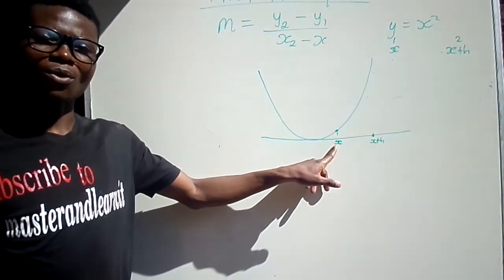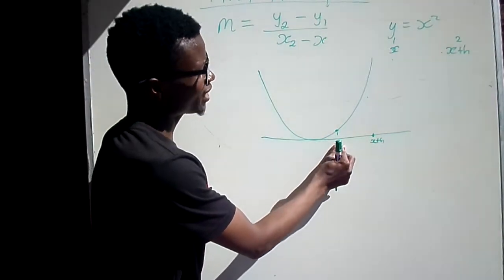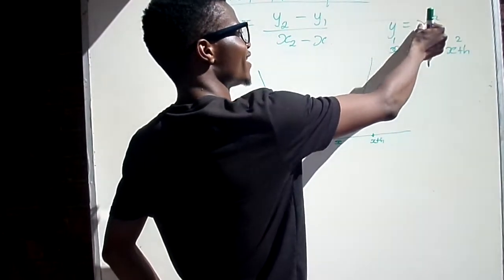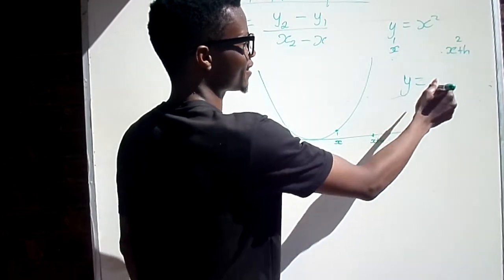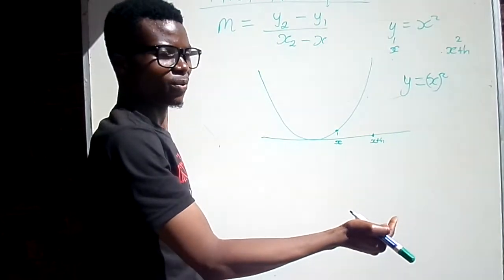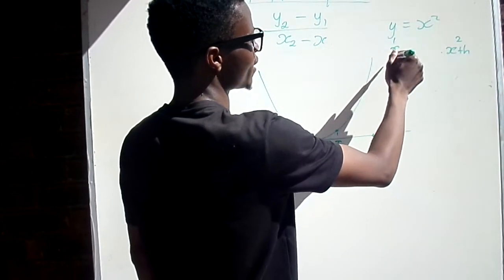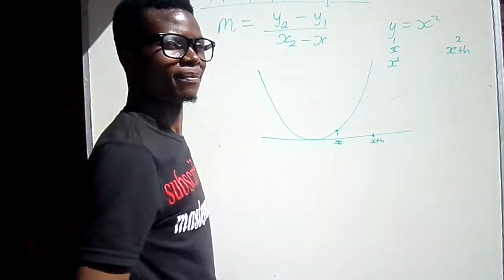If I want to get the corresponding y at the x1, I'm going to substitute the x coordinate into the general expression. So y equals, taking this x, then what is the rule? I've squared it, so I get x squared. So at x1, the y1 is going to be x squared.